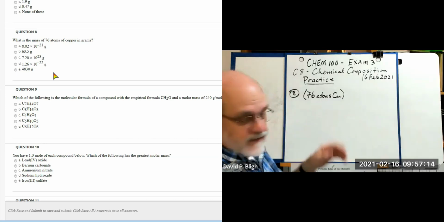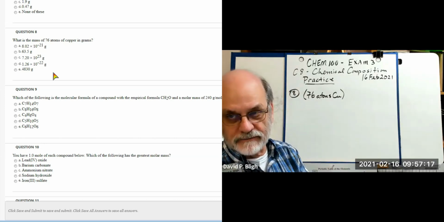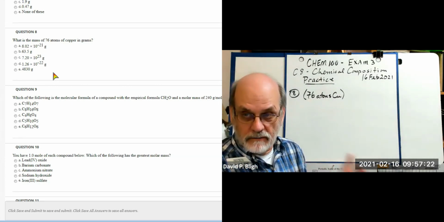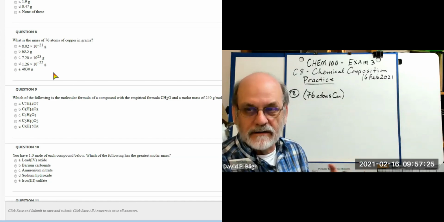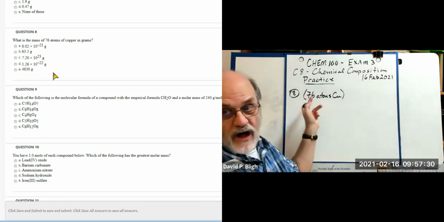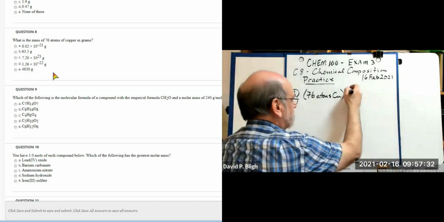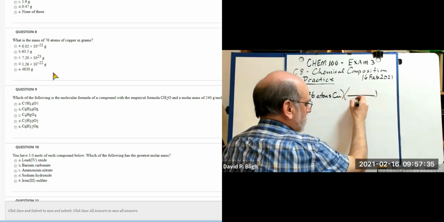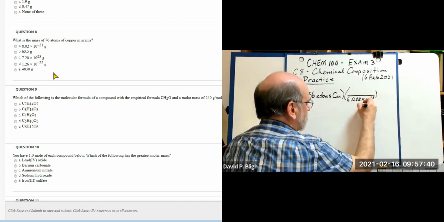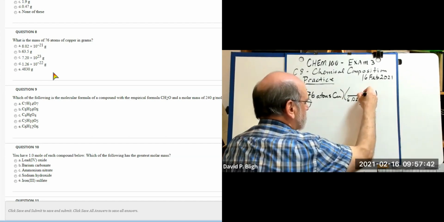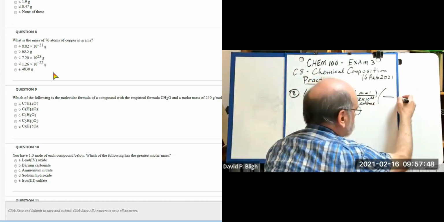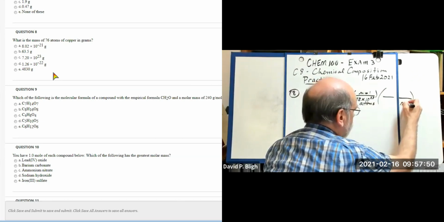So we got 76. This is a chained conversion. You got to convert atoms into moles because molar mass makes the conversion from moles to grams. And that's not moles yet. Okay, so now we got moles. We can convert to grams, right?